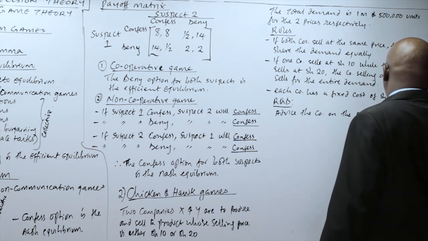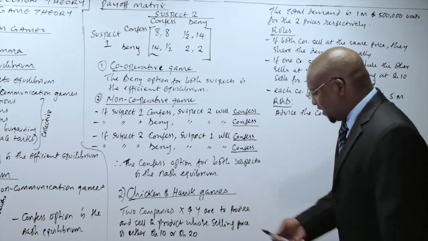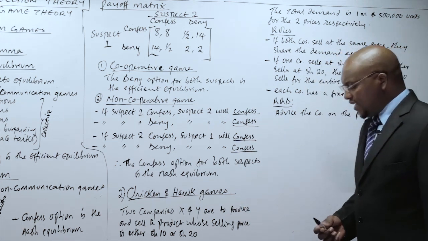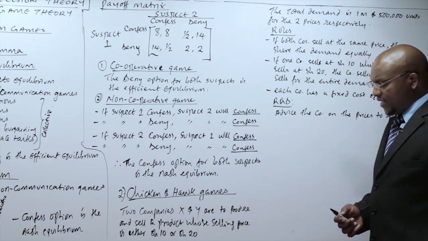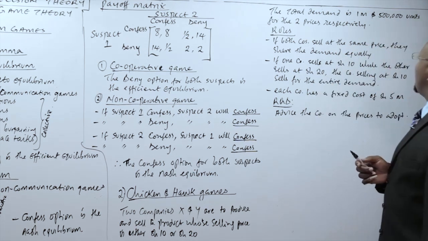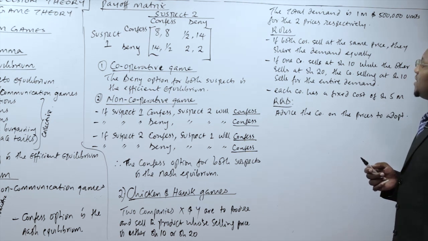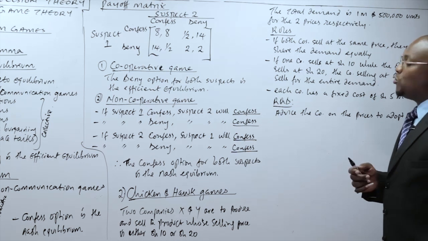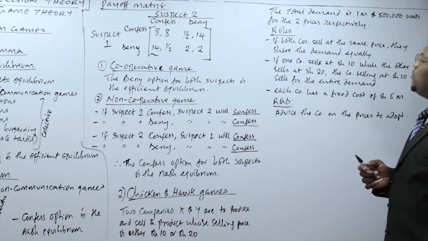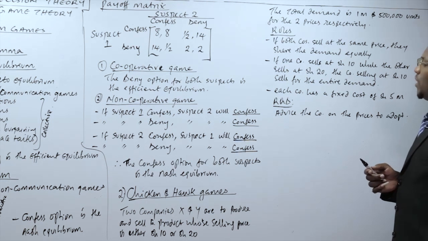That's also a game that two companies X and Y are to produce and sell a product whose selling price is either shillings 10 or shillings 20. The total demand is 1,500,000 for the two prices respectively. Rules of the game: one, if both companies sell at the same price, they share the demand equally.